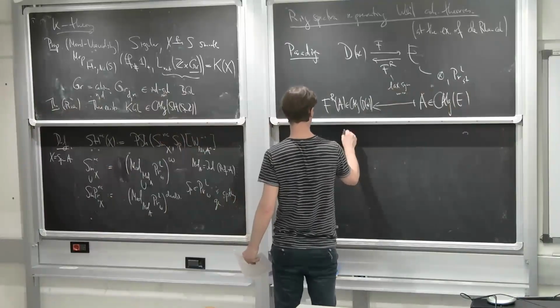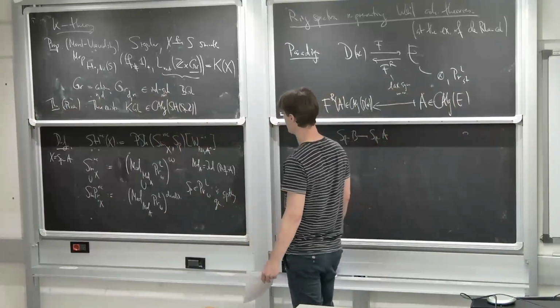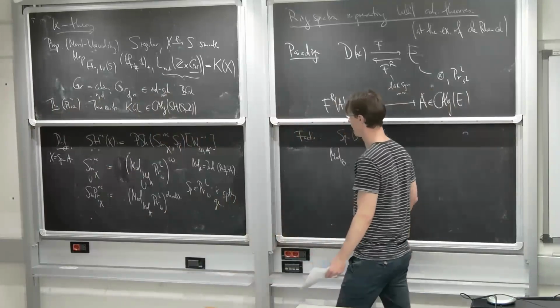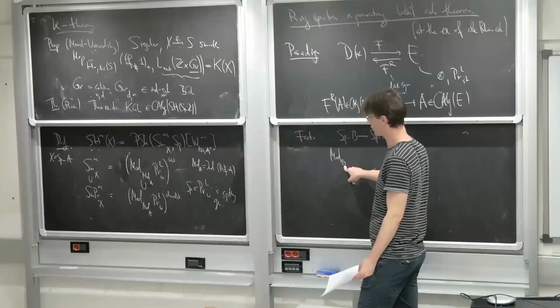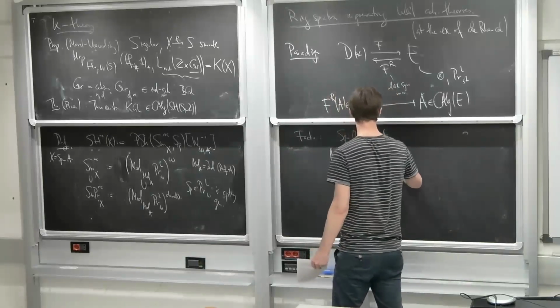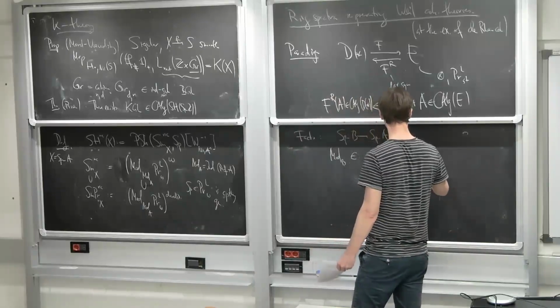So if you have Spec B over Spec A, then you can look at Mod B. So this is the representable category, which is A-linear. So this is an object in Mod A, Pr omega. Okay.